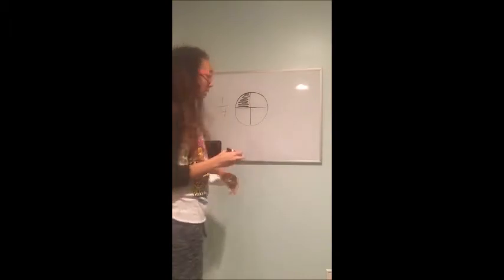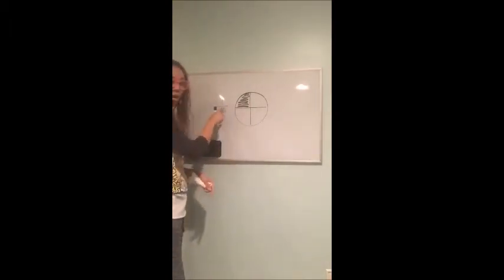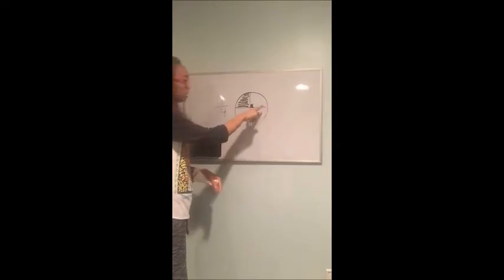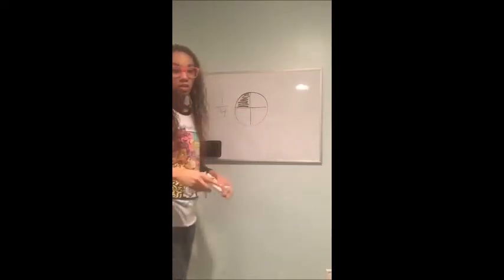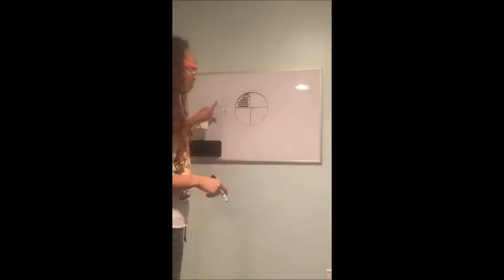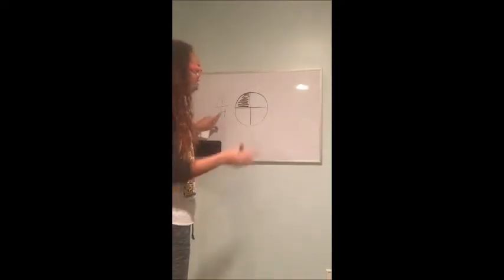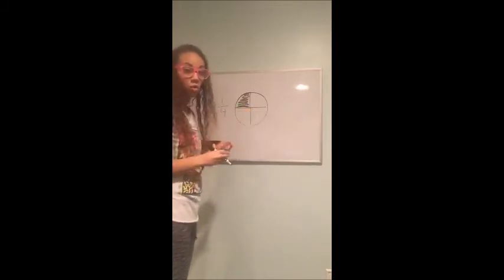Now our denominator tells us how many equal slices are in the whole cake. Okay, so the numerator tells us how many equal parts we have, and the denominator tells us how many equal parts are in the whole. So in this one we have 1 slice of cake out of a total of 4 equal slices in the whole.